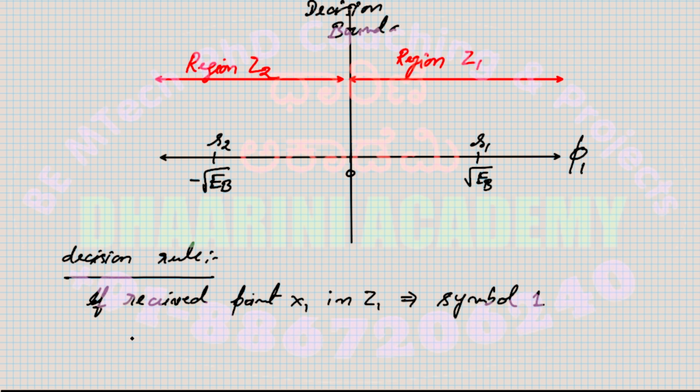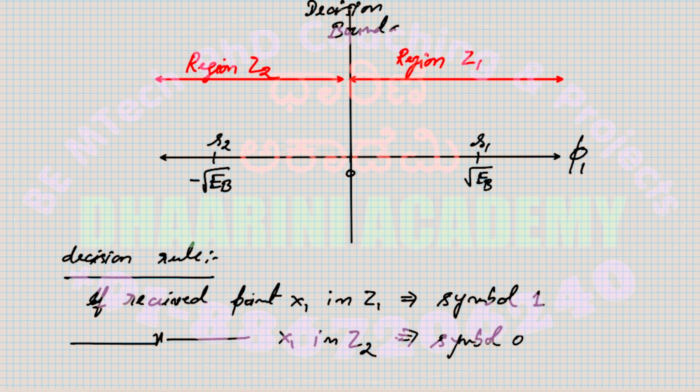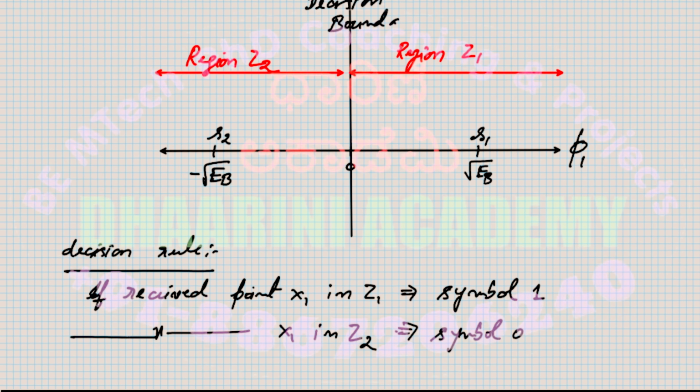At the same time, if the received point X1 is in Z2, then we are going to decode that as the symbol 0. So that's a very simple rule for the detection. All right. So using this, now we'll go for the demodulation or the detection of the BPSK.